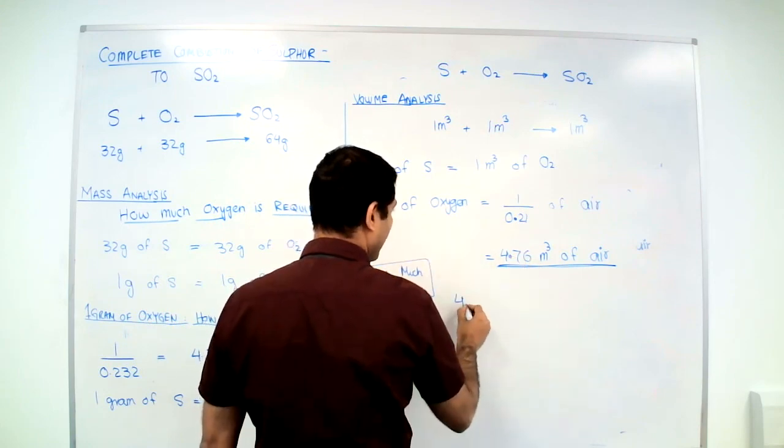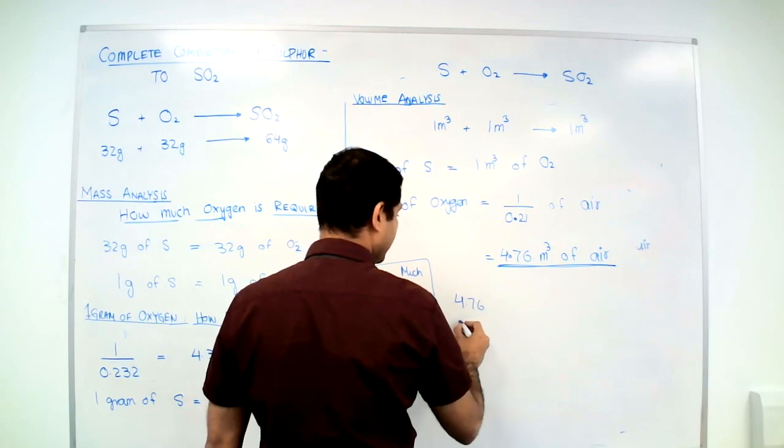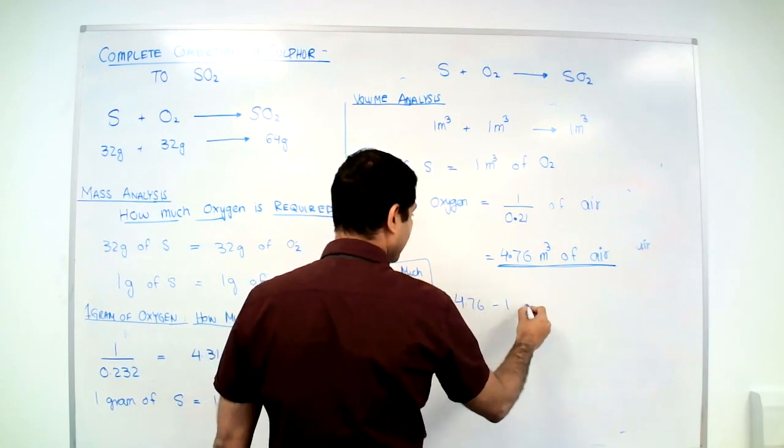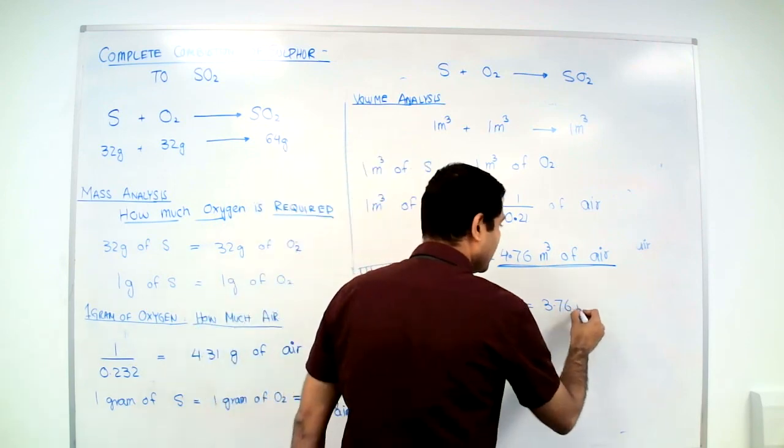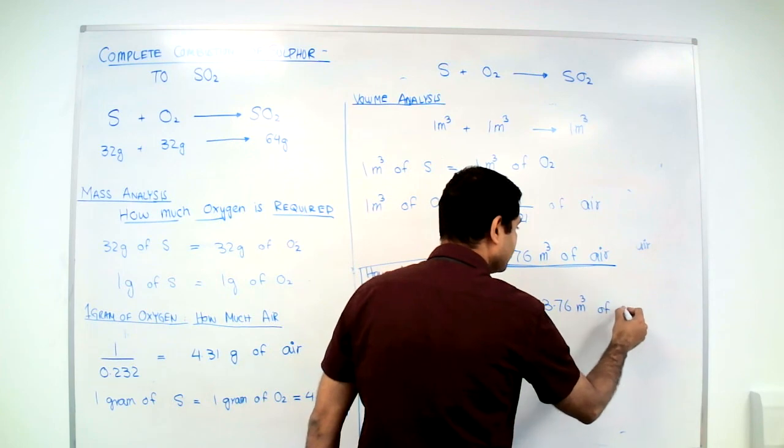So you can do 4.76 minus 1. That will give you 3.76 meter cube of nitrogen.